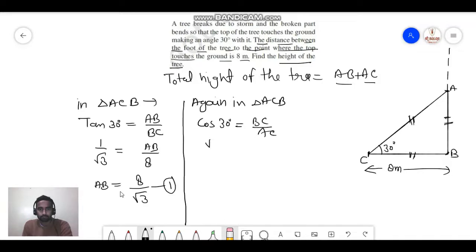Since we know that the value of cos 30 is root 3 by 2, root 3 by 2 is equal to 8 upon AC. So when we cross multiply, we will get AC is equal to 16 by root 3. This is our equation second. Clear?